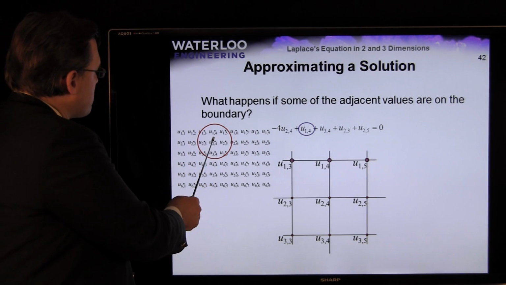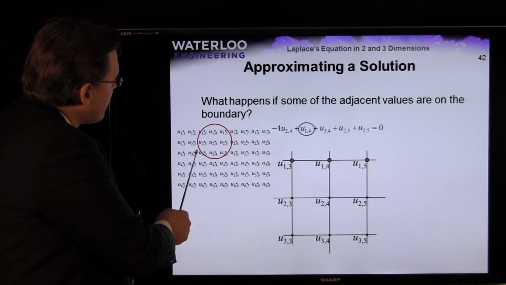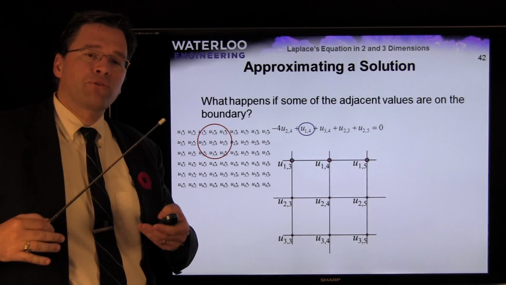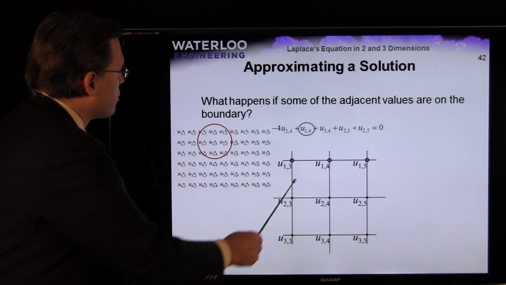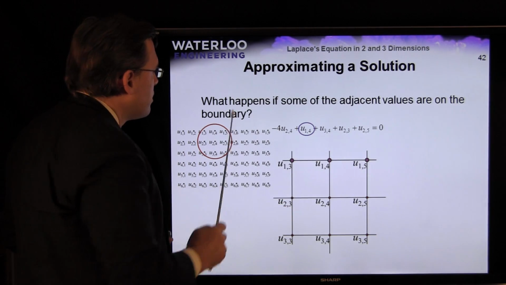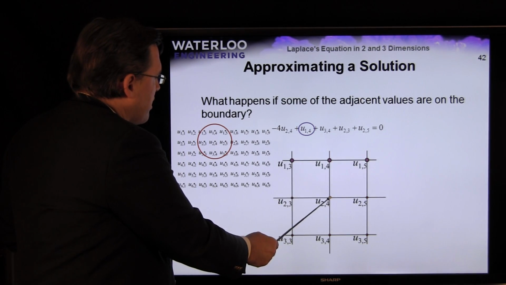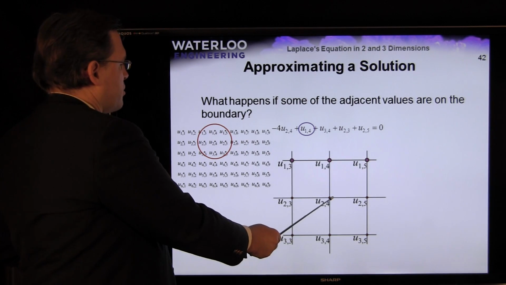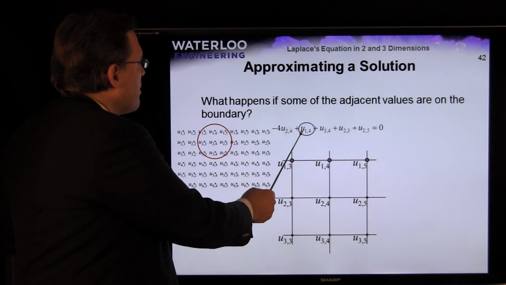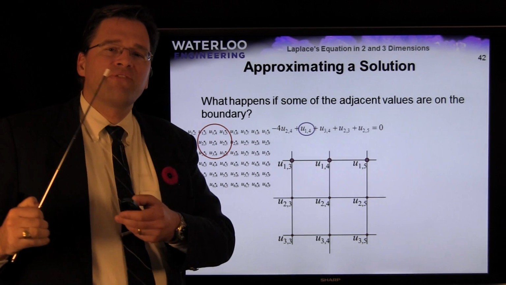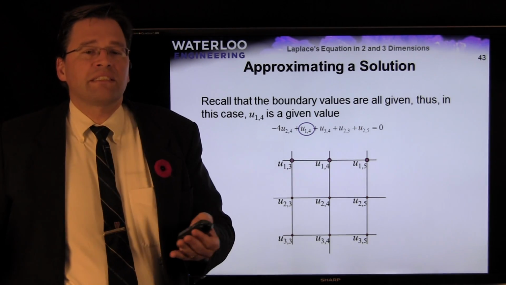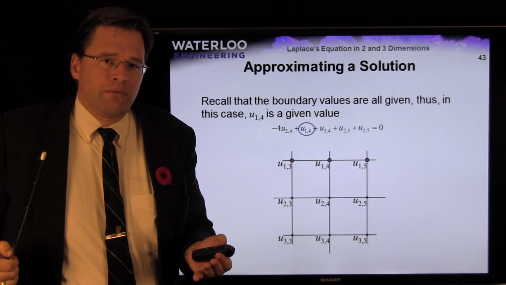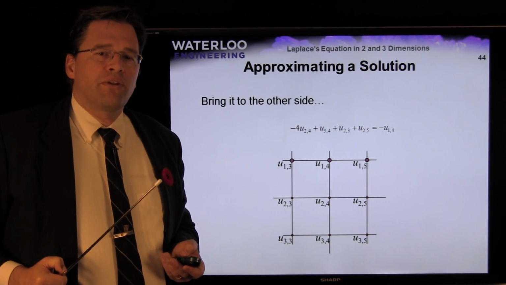Let's take a look at this point here. This point has one of the 4 surrounding points on the boundary. So what do we do here? This point is a boundary point. We've substituted, gotten the equation, but that's a boundary value. A boundary value is given. If it's given, that means it's a value that is not an unknown. Let's take it to the other side.